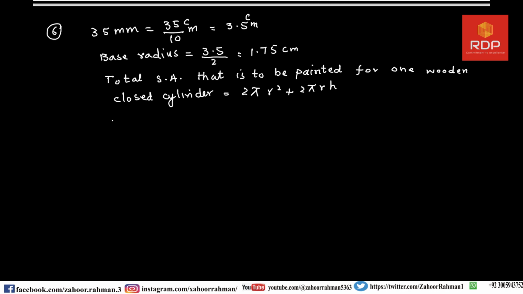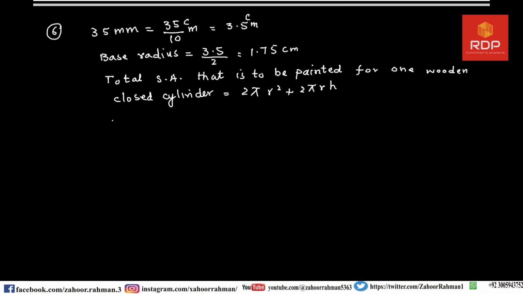So now let us say that total surface area that is to be painted for one wooden closed cylinder. There are 200 closed wooden cylinders. We have to find for one, and then we have to generalize it for 200.